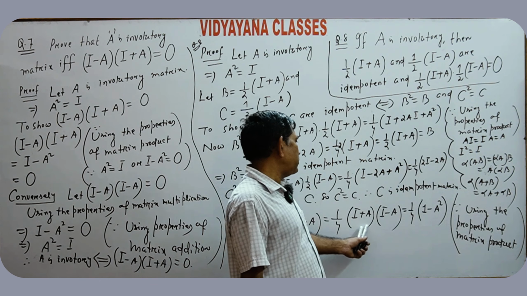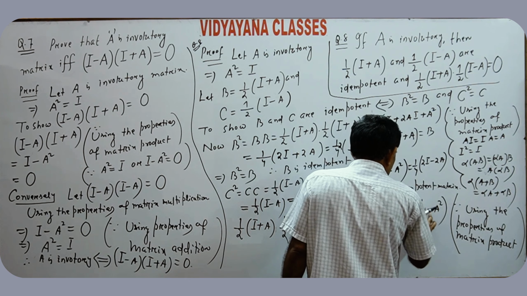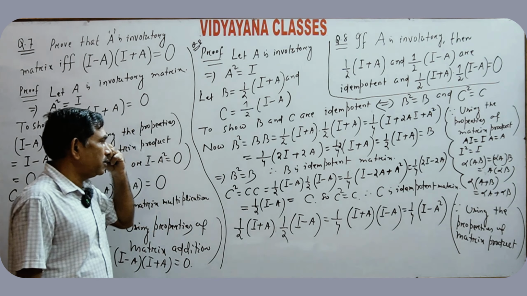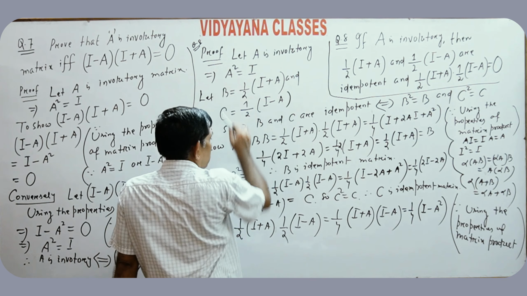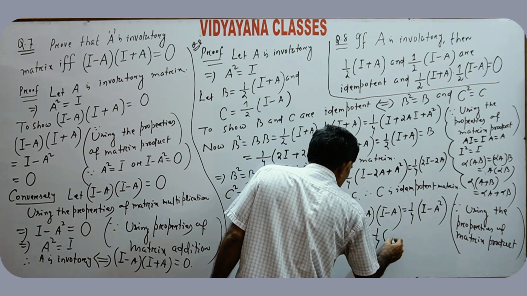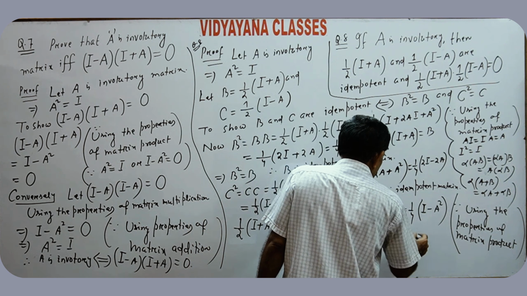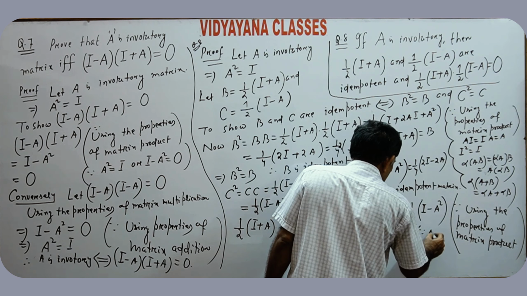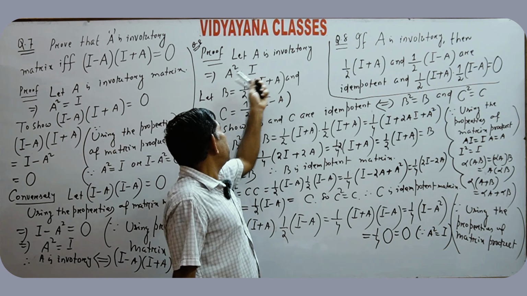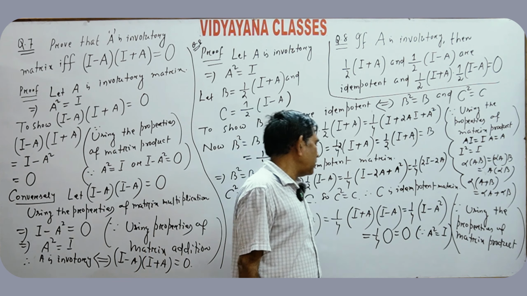This gives 1 by 4 (I minus A square), which is the same as 1 by 4 into the zero matrix, since A is involutory, A square is equal to I, so I minus A square is equal to the zero matrix.